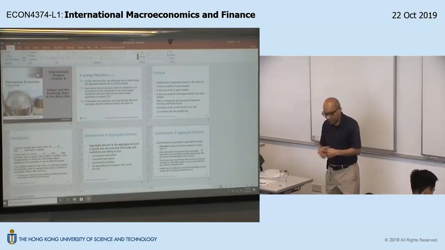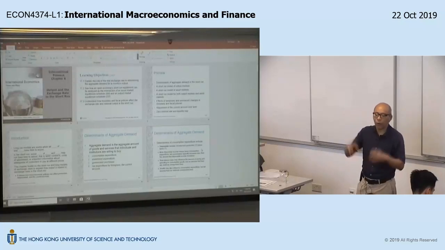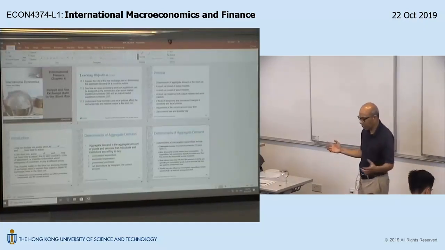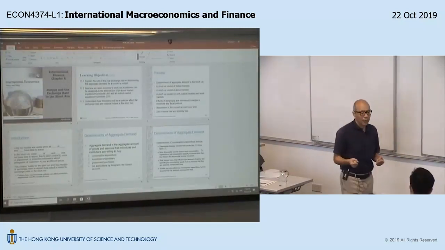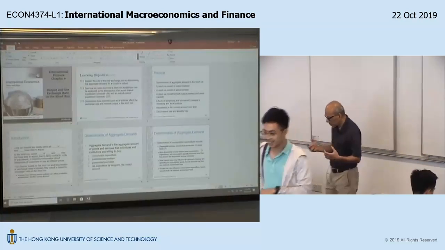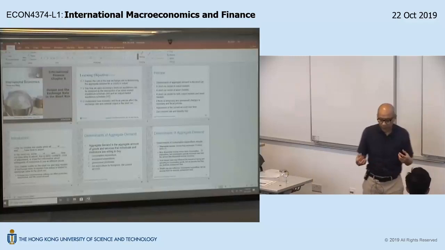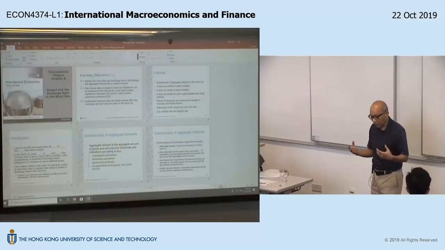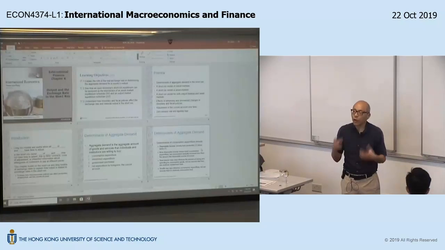Now in this chapter, we're going to make use of all the previous results in the previous chapters, but our goal is to look at what determines the short run, not just exchange rate and interest rate, but also output.